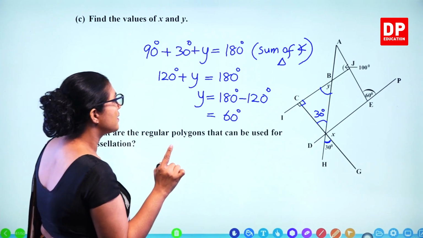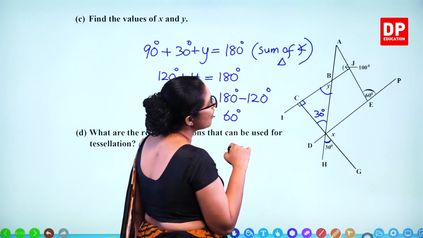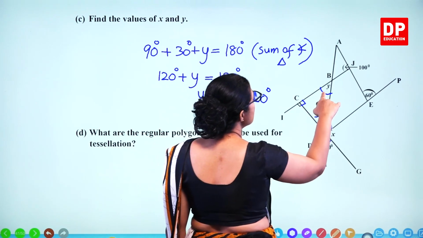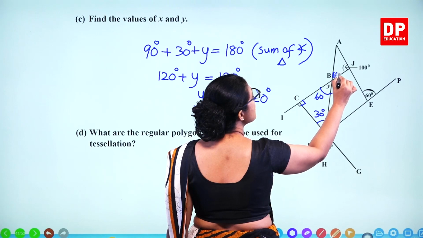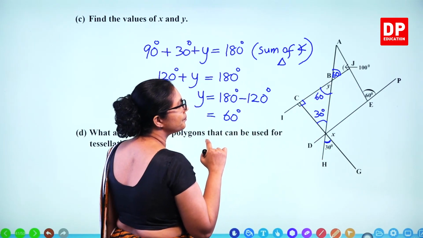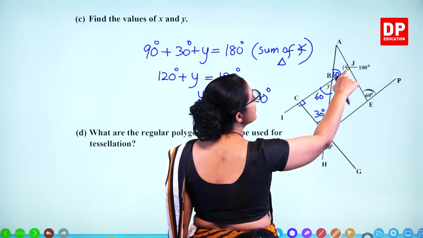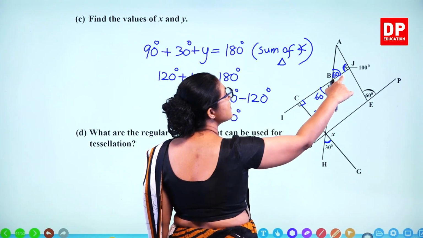So where's x? X is here. How do we find out x? So this is 60. So this is also 60. Then this is 60. This is 100. This one is 100. 100 and 60.